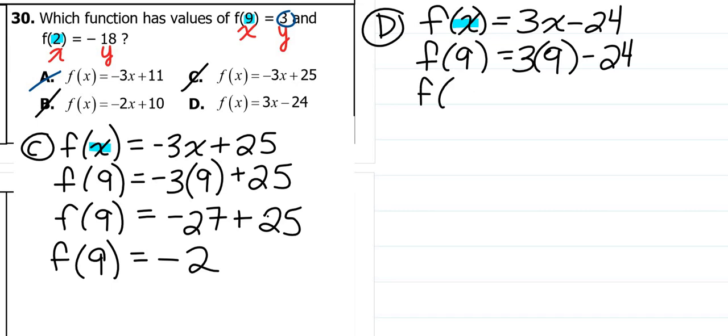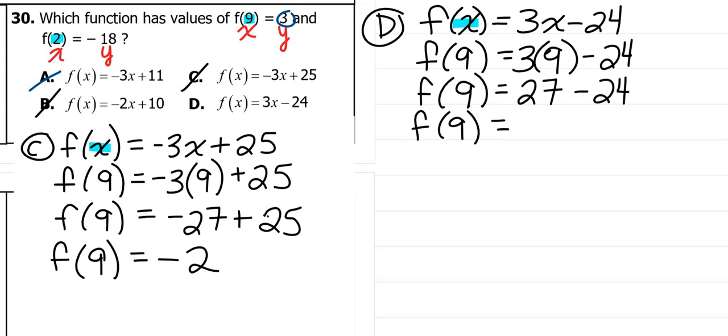F of 9 equals 3 times 9 is positive 27 minus 24. 27 minus 24 gives us f of 9 equals 3. So yes, I do get the first part. I like it. But I need to check that f of 2 gives me negative 18.